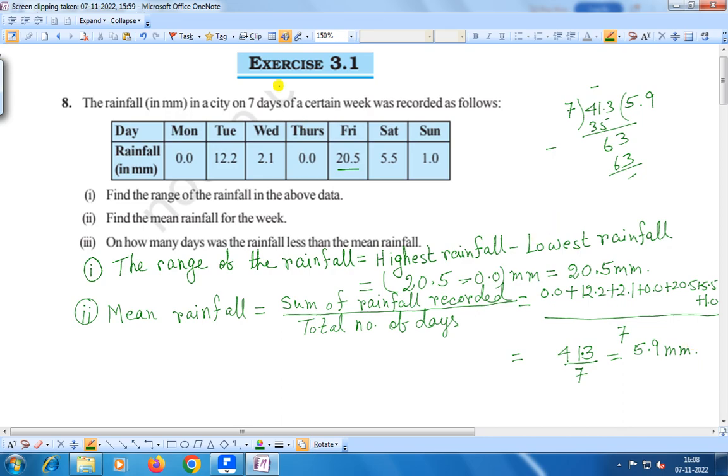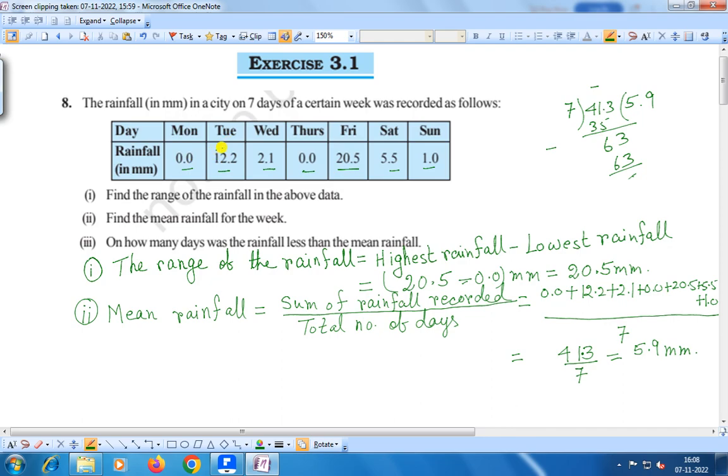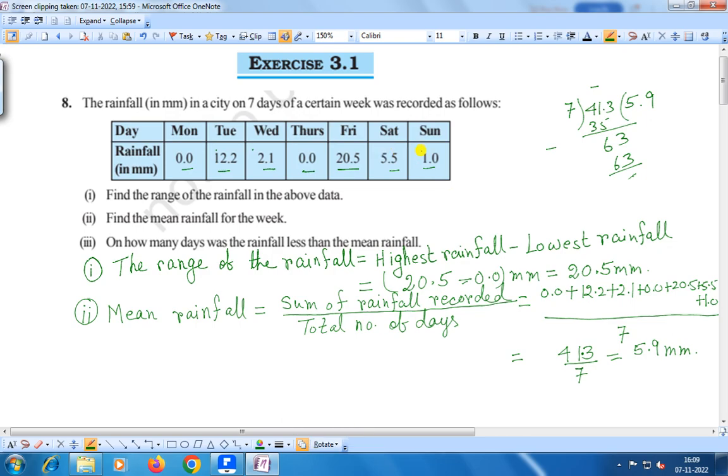Here you see, the mean rainfall is, that is, on Monday it is less, on Tuesday it is less, on Wednesday it is less, on Thursday it is less, on Saturday it is less, and on Sunday. 1, 2, 3, 4, 5 and 6.